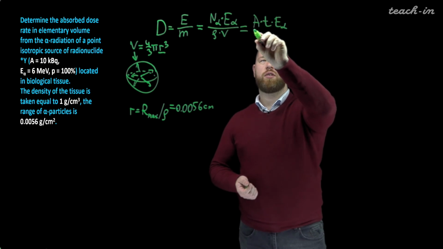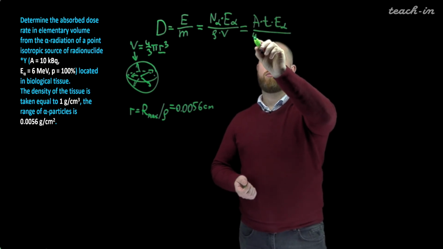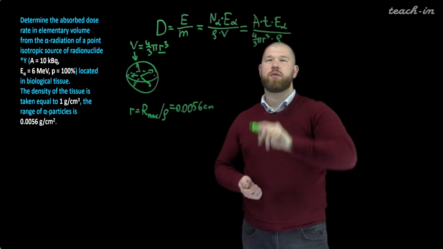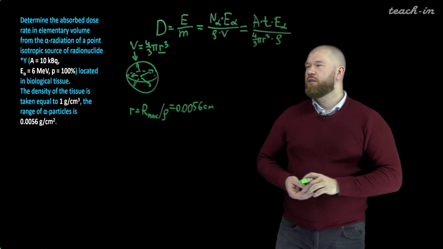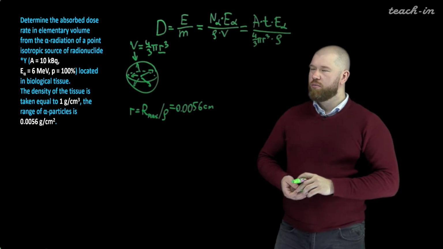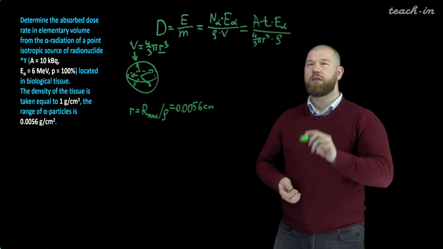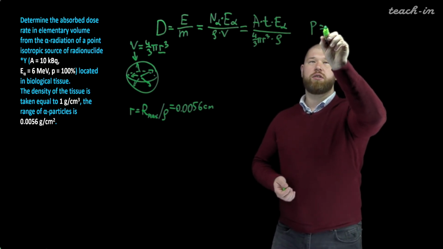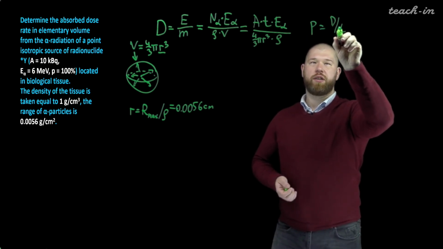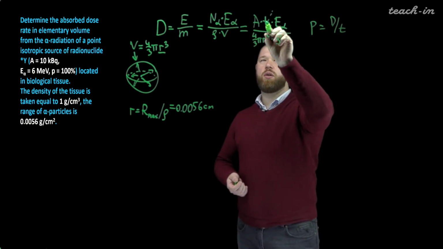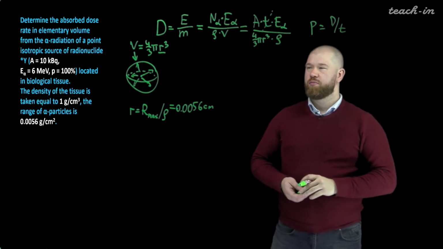So divided by 4/3 π r cubed and the density. And as far as we need to calculate the dose rate, it is simply dose divided by time. So we will use this equation simply without the time.